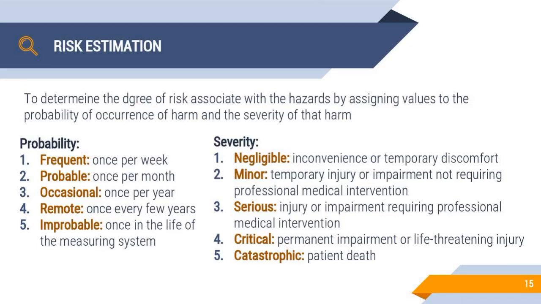The severity could be negligible, which is inconvenience, or minor, serious, critical, or catastrophic. So we link these two, and based on the relationship between the probability and severity, we decide whether this is acceptable or unacceptable and whether we need to take action.